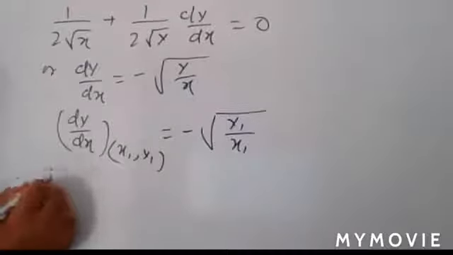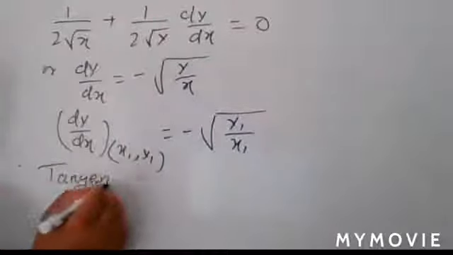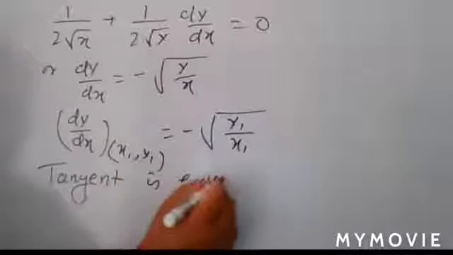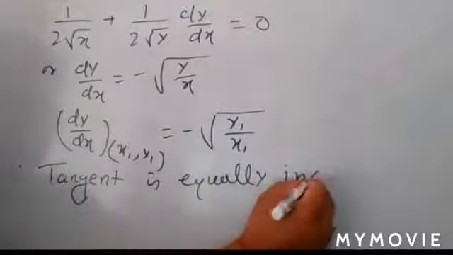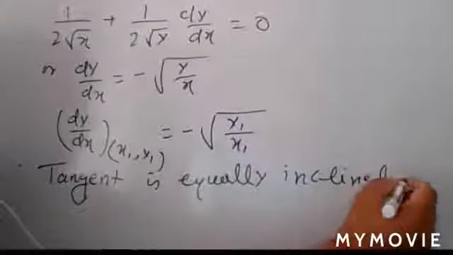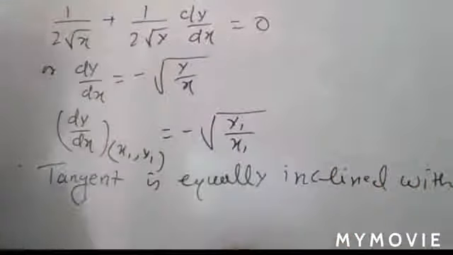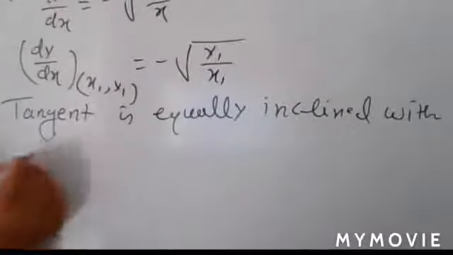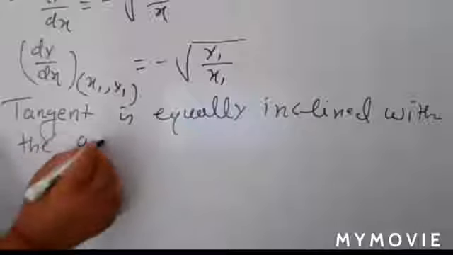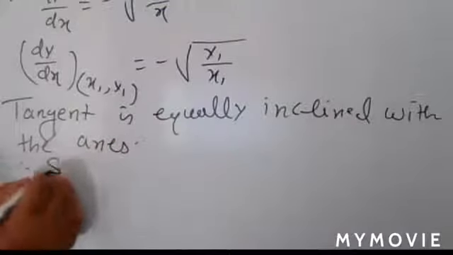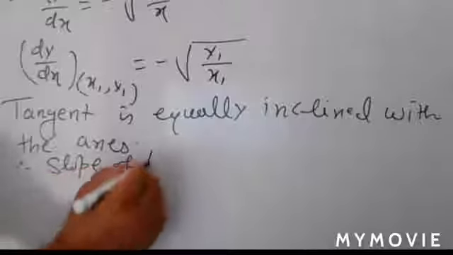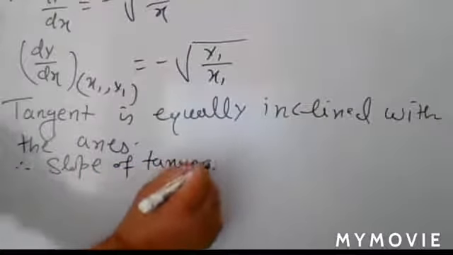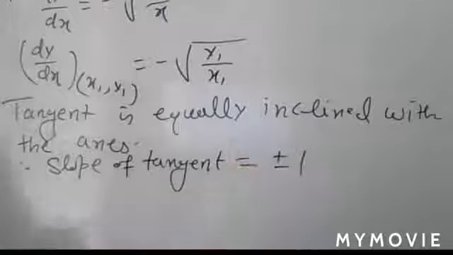So you write, since tangent is equally inclined with the axis, hence slope of tangent is equal to plus minus 1.